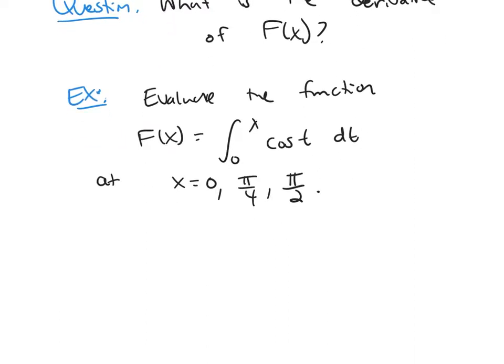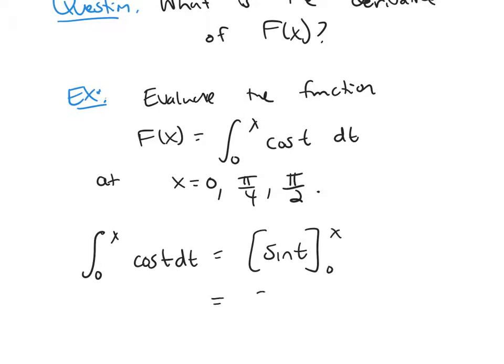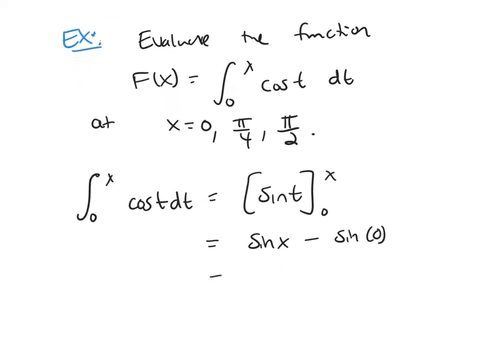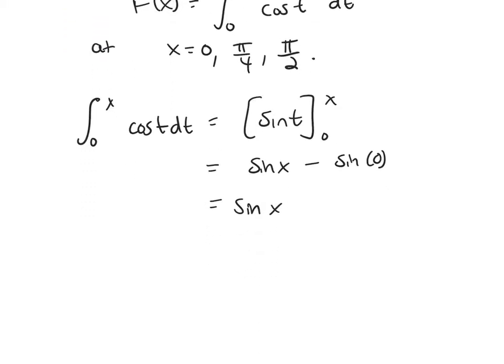So we're going to use the fundamental theorem of calculus, 0 to x, cosine t dt. So what function has derivative cosine t? It's sine t. So this becomes sine of x minus sine of 0. Well, sine of 0 is 0, so this is just sine x. So it appears that our function capital F is sine of x.